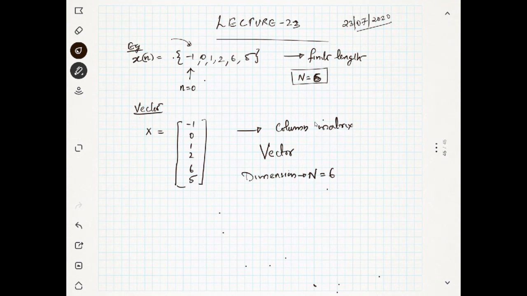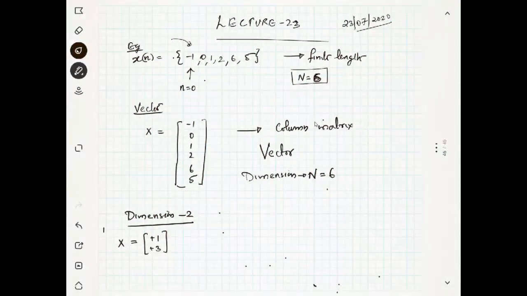Okay. Now, if the dimension is 2, can you tell me a signal with dimension 2? It is nothing but, let's say it is +1, and let's say it is 3. This is an example for dimension 2. That means it is having the first value, we can call it as x0, and the second value it is x1.